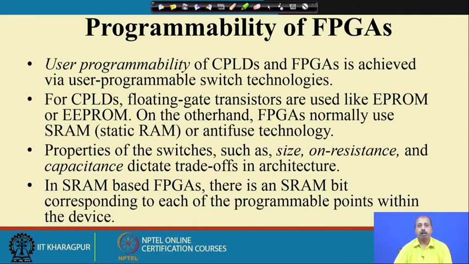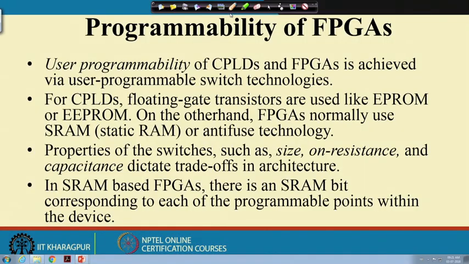So, if you apply a control voltage, then the gate will charge. As a result, the device will be turned on, and if you apply some negative voltage, you can remove the charge from the gate terminal. So, basically this is a transistor.